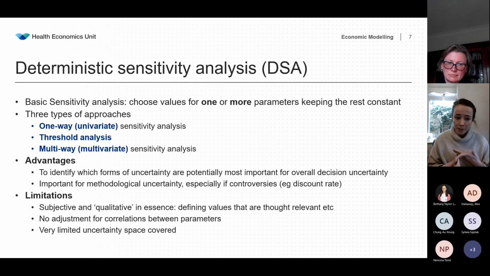So there are three key types of deterministic sensitivity analysis. There's one-way, which is univariate, threshold analysis, and then multi-way, multivariate analysis. The advantage is that you choose one or more parameters and you keep the rest constant in a basic sensitivity analysis. And these allow you to look at which variables are potentially the most important for determining overall uncertainty.